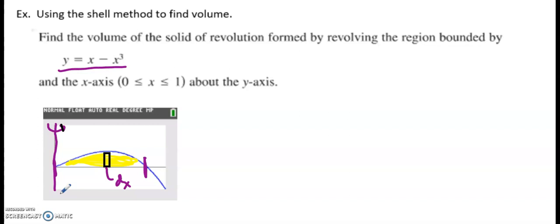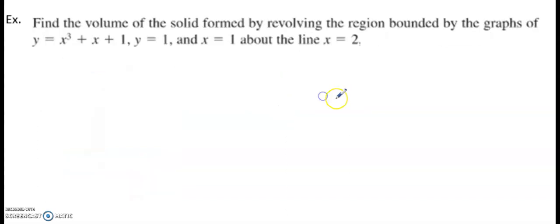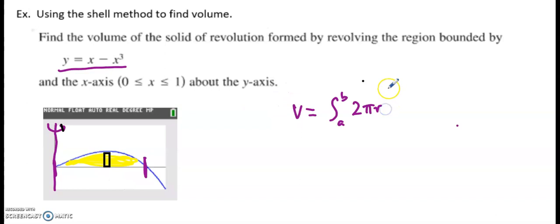So to set up this integral, the volume will equal the integral from a to b of 2 pi r times the height of my shell, h, times the thickness of my shell, dx. Okay, so for this specific problem, the volume will equal, well, since 2 pi is a constant multiple, I can pull that outside the integral.